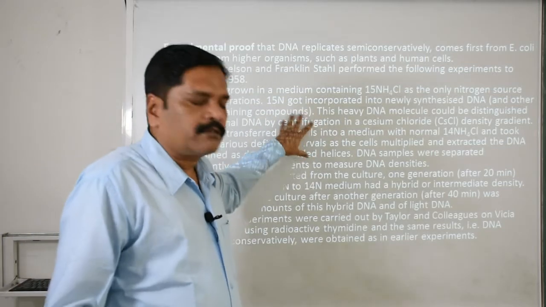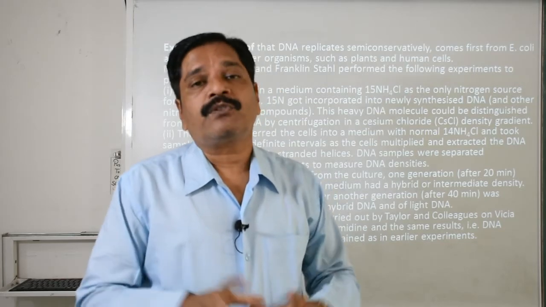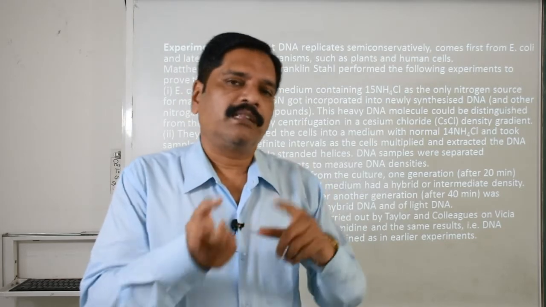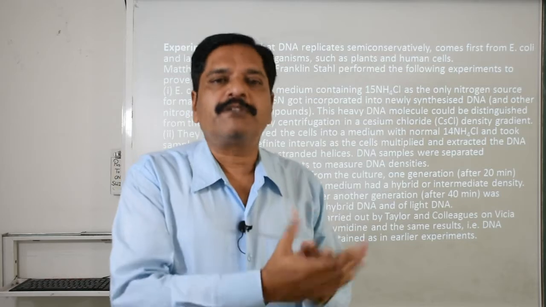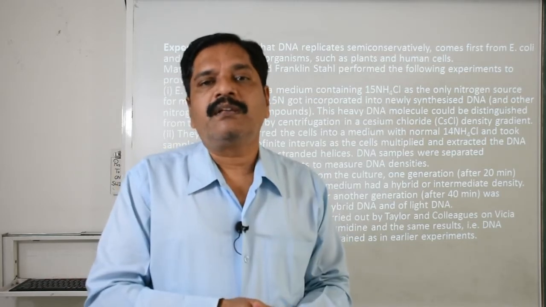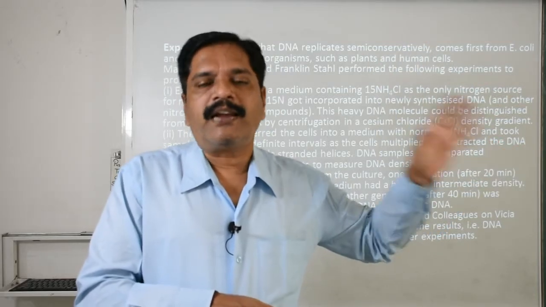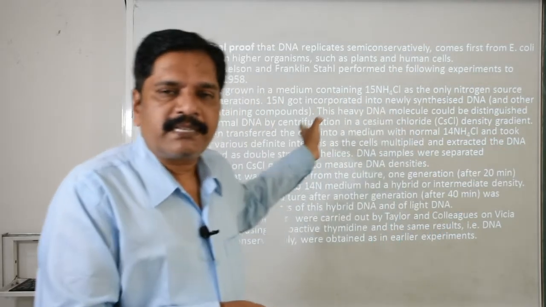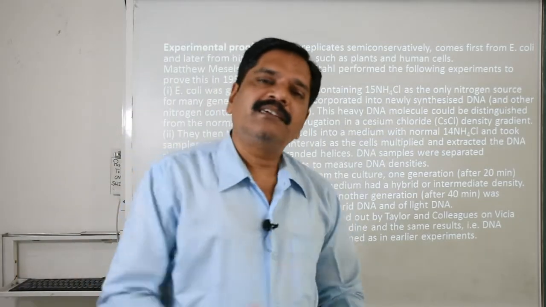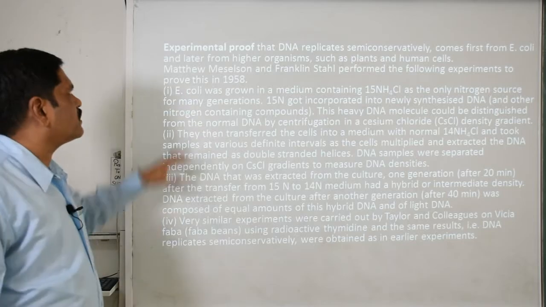Remember, this experiment is very important from the examination point of view. In the previous session we learned that DNA is the genetic material, with the Griffith experiment. And now this Meselson and Stahl experiment, proving that DNA replicates itself semi-conservatively, is very important. Clear?